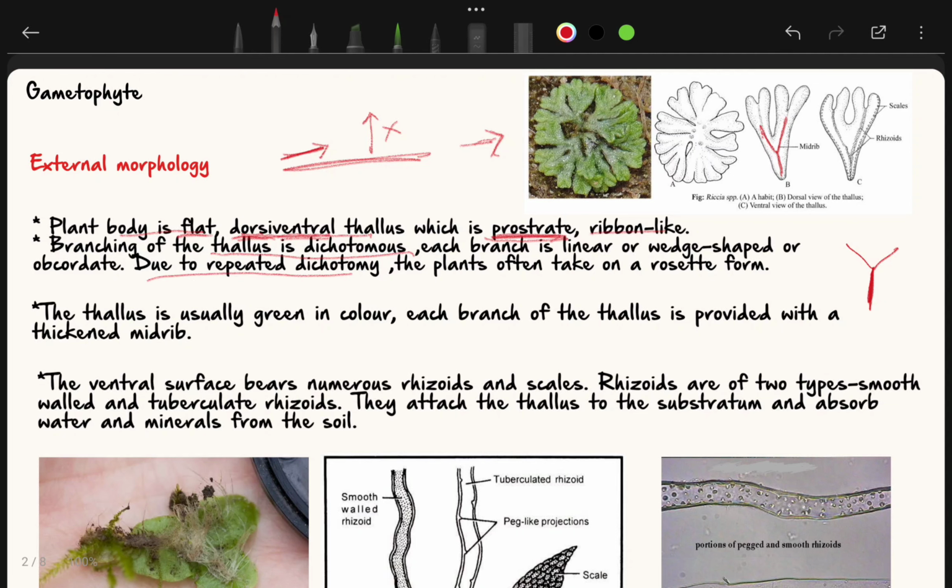Also, due to repeated dichotomous branching, you'll find that the plants often take a rosette form. This is the plant body, but due to repeated dichotomy and also due to the presence of plants nearby, they'll take the structure of a rosette form, that is circular or more or less like a star-shaped arrangement.